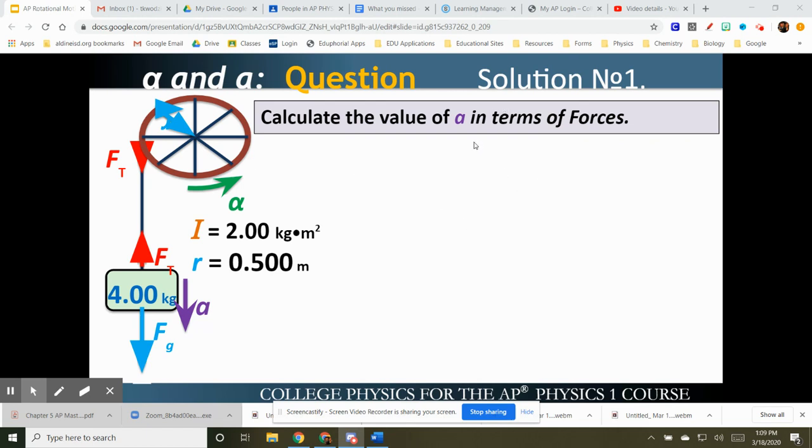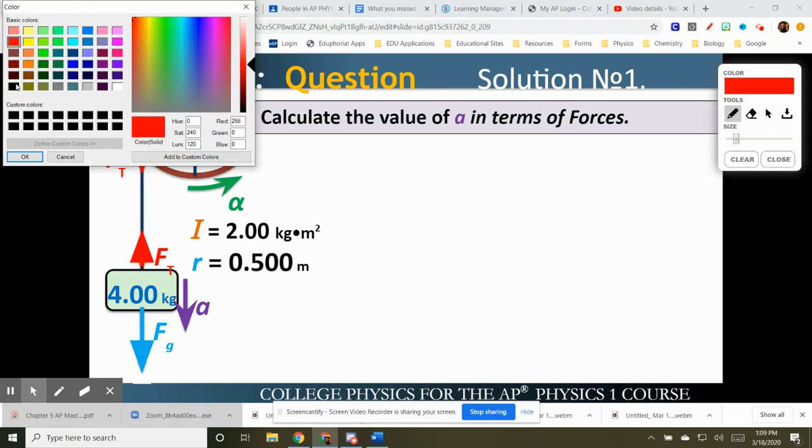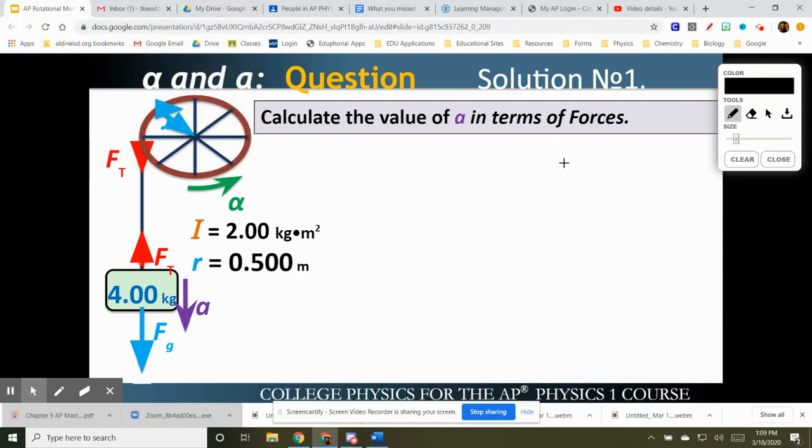So stepping backwards a little bit more, we have to set up an equation for angular acceleration in terms of forces. So I'm just going to write alpha, right?